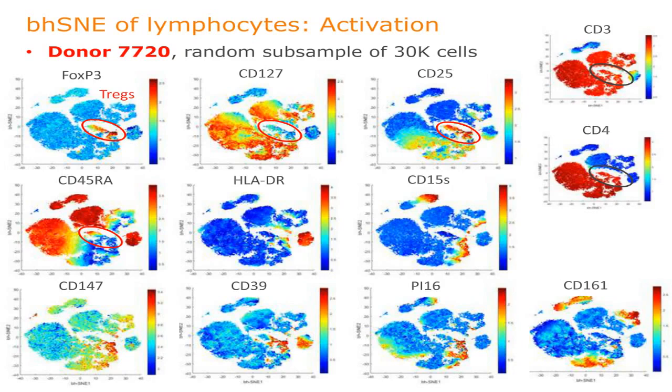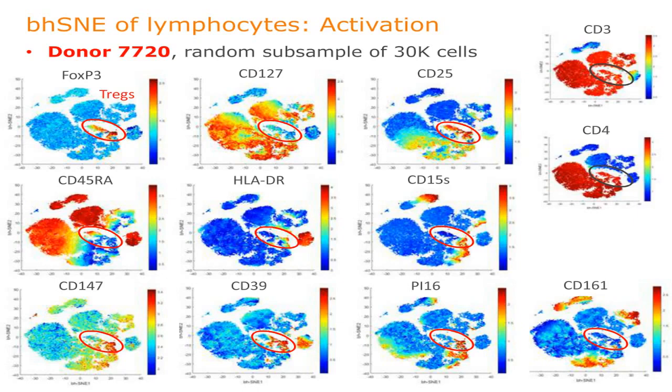However, those that are expressing HLA-DR, as we can see, are a little bit closer to that red clump. So we know that our HLA-DR expression is actually differentially expressed in different subsets of Tregs, as well as CD15S.